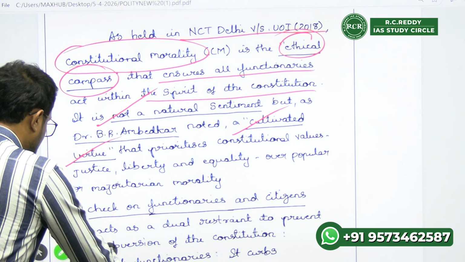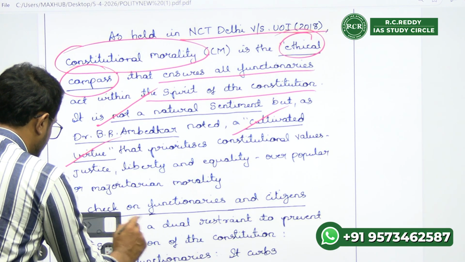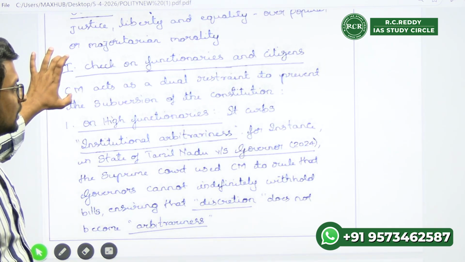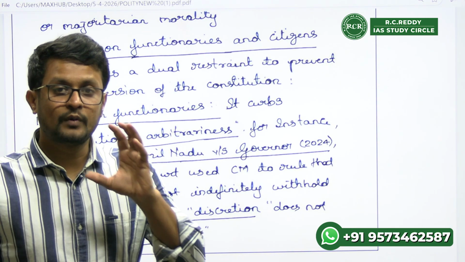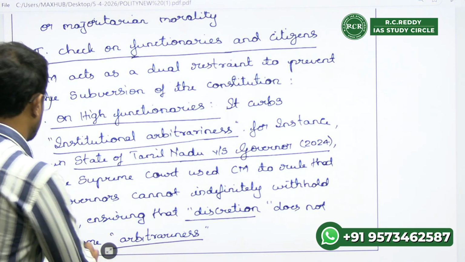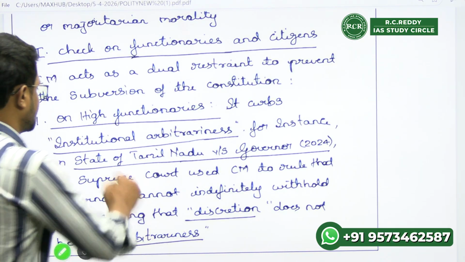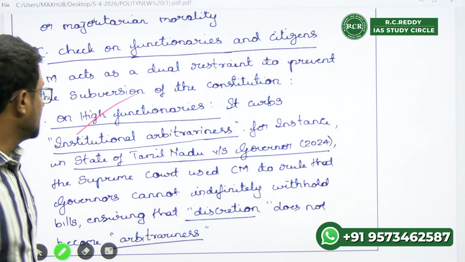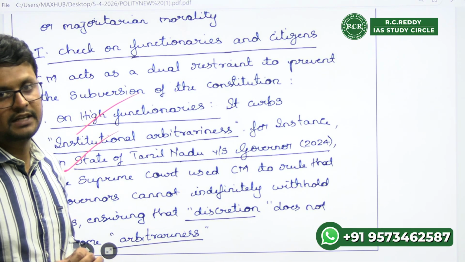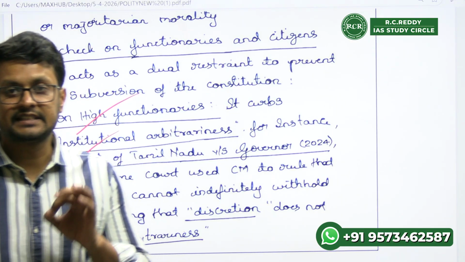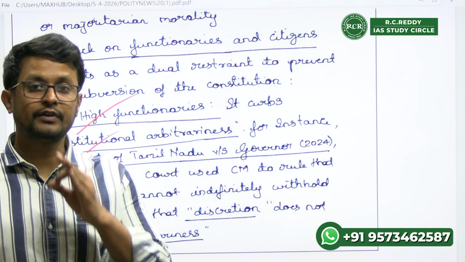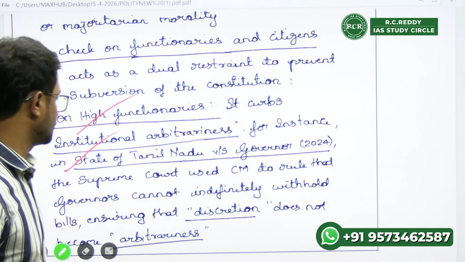Now we will go to the more elaborate explanation of constitutional morality by giving examples of how it functions over higher functionaries and citizens. The first example that we are going to put is on the high functionaries. In the State of Tamil Nadu versus Governor case, the Supreme Court held that high functionaries cannot showcase institutional arbitrariness and rather must function within the spirit of the Constitution.